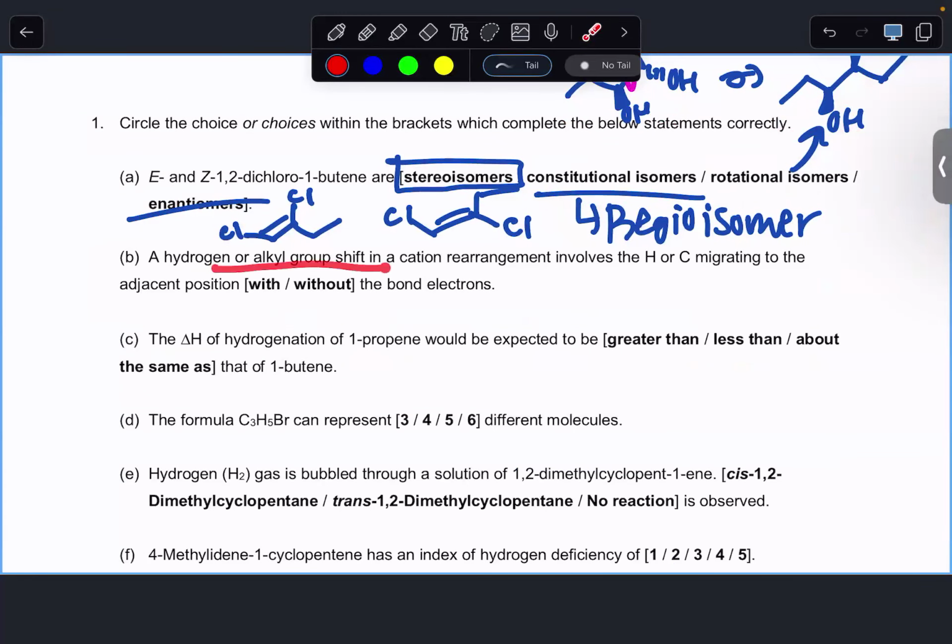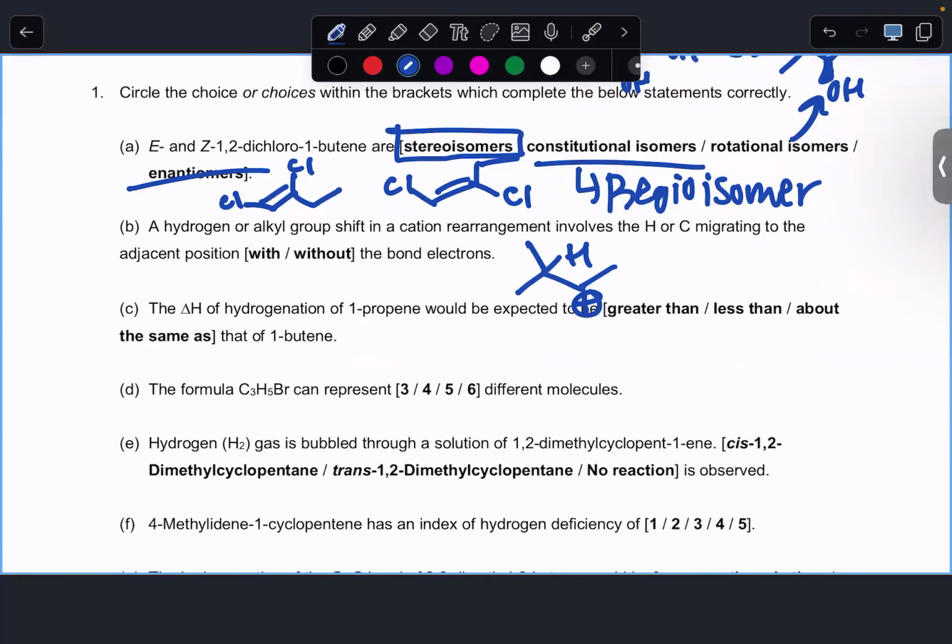A hydrogen or alkyl shift in a cation rearrangement involves the H or C migrating to the adjacent position with or without the bond electrons, right? Yeah, so it would be with, because let's say we have this carbocation right here, which could do a hydride shift, because adjacent to that, to the left side, that's the more substituted position, where that position has a hydrogen, where that hydrogen with these electrons in that bond right there is going to move right there, right?